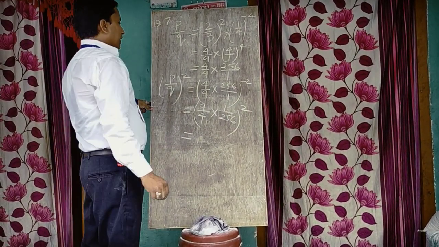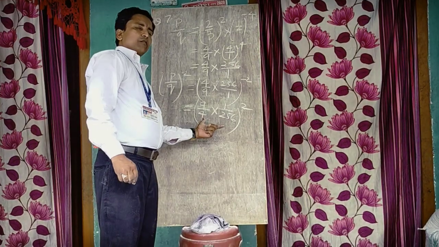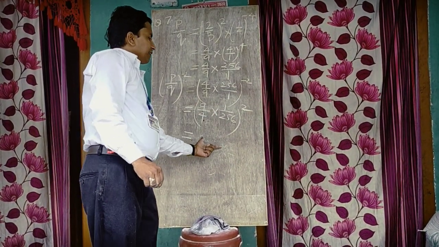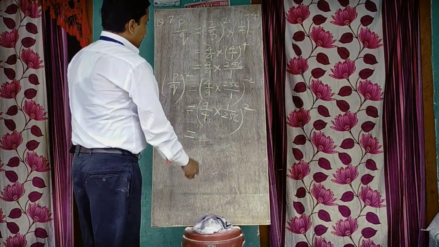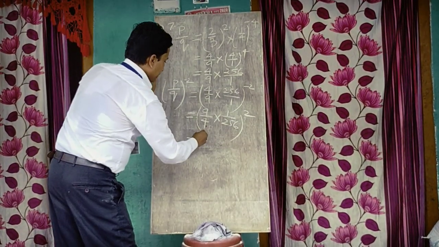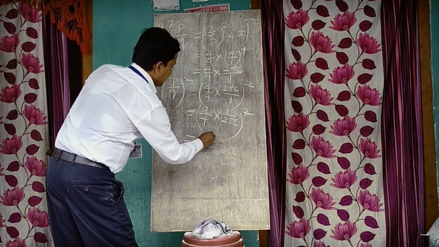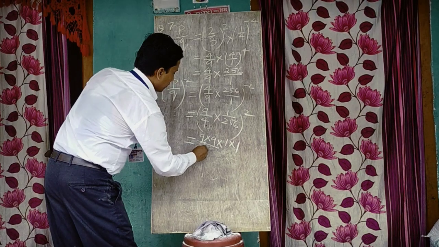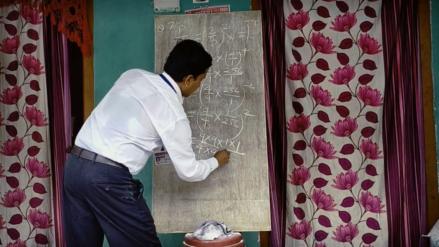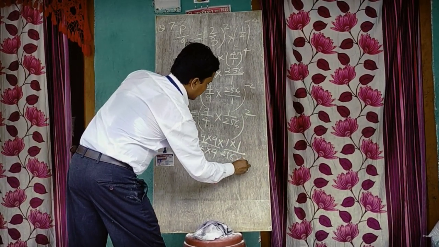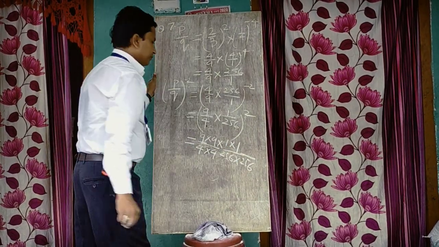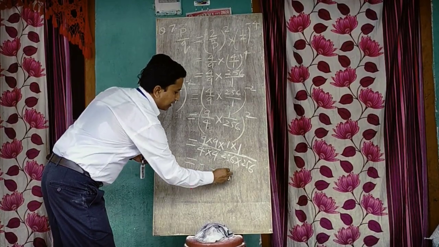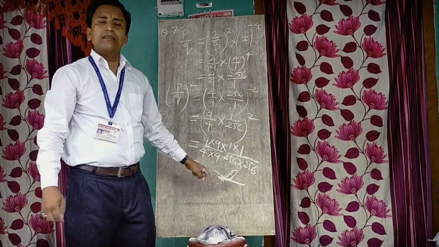Now either you can write it in exponential form, or you can multiply and write in number form. 9 by 4, you can write 9 into 9 into 1 into 1 by 4 into 4 by 256 into 256. Any problem? Now multiply and write the answer. This is the required answer.